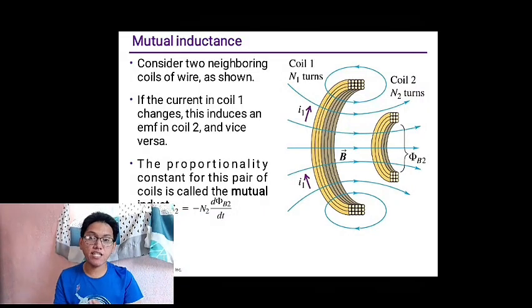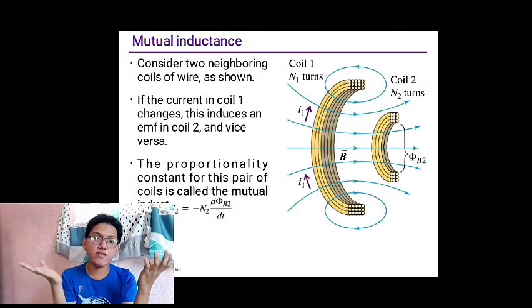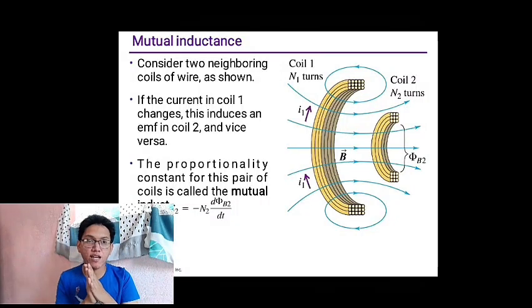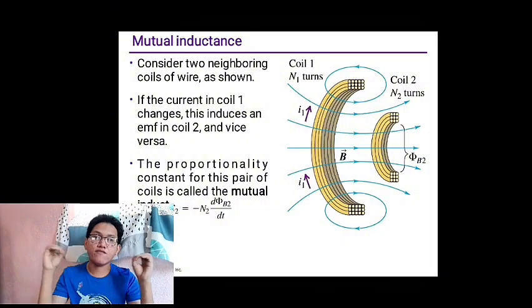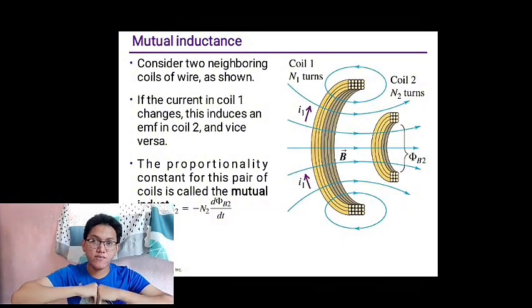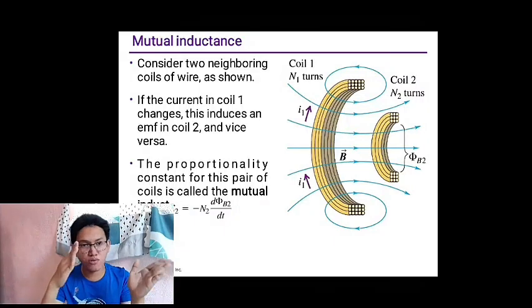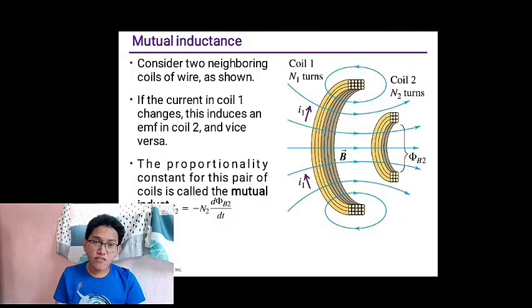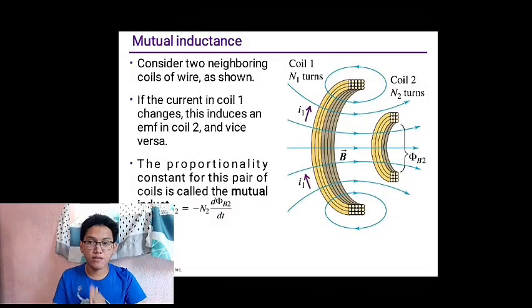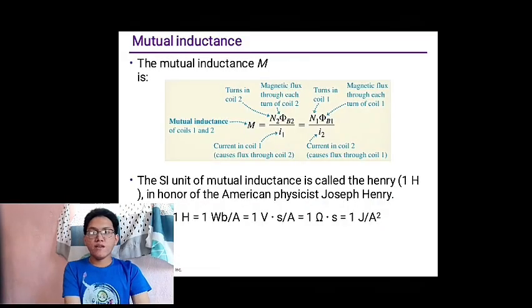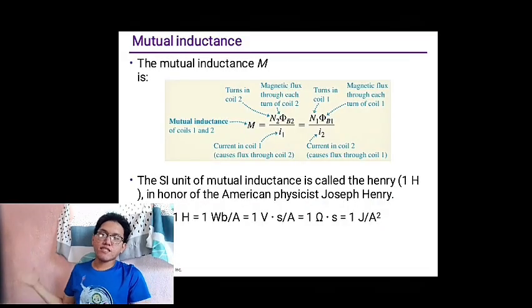This phenomenon is called mutual inductance, which involves two coils. We can have other materials, but the good example is coils. Mutual inductance involves the passing of the magnetic field from one coil to another. Mutual inductance is defined as follows.